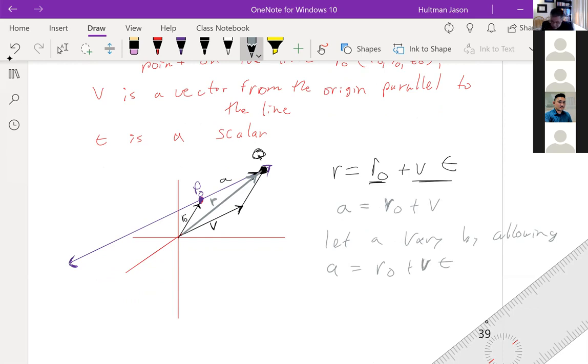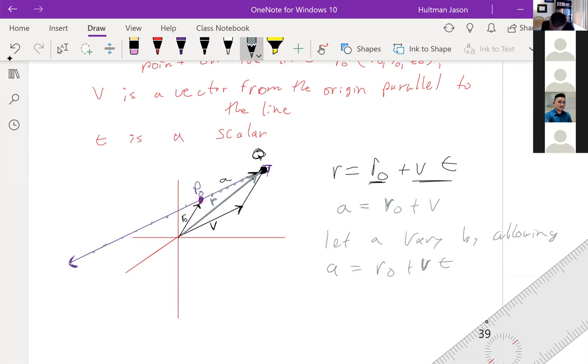So if you let the size of my vector V vary, go positive to whatever point or negative to whatever point, if I let t be 2 or 3 or 1.5 or 7 or whatever, aren't I allowing myself to go to any point on this line?